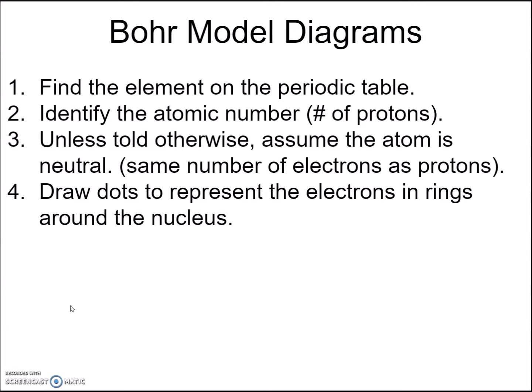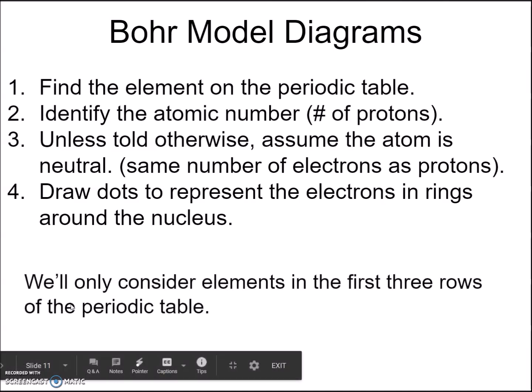Each ring drawn around the nucleus will be like an orbit in the Bohr model, where the first ring around the nucleus is n equals 1, the first energy level, and the second ring around the nucleus is n equals 2, the second energy level, and so on.